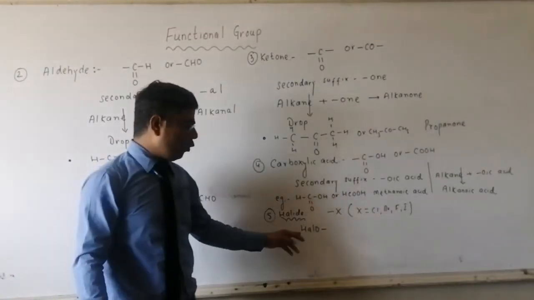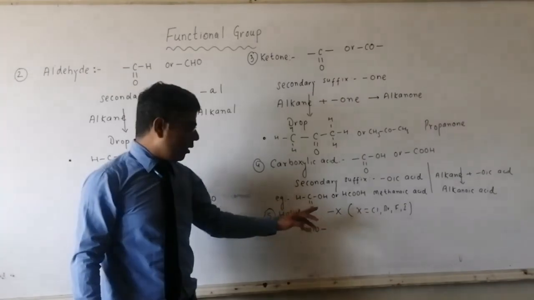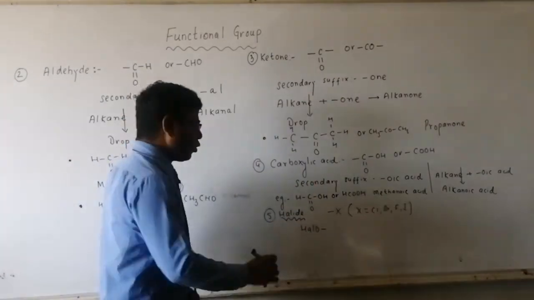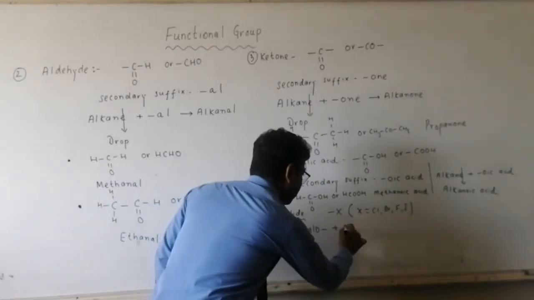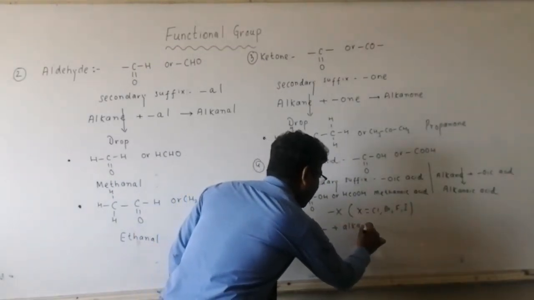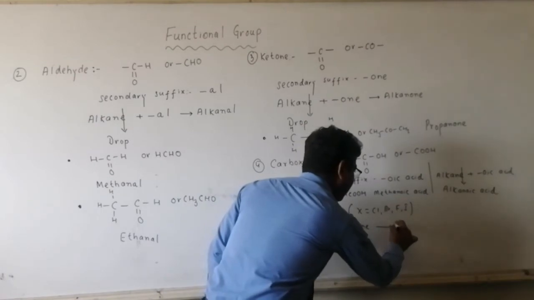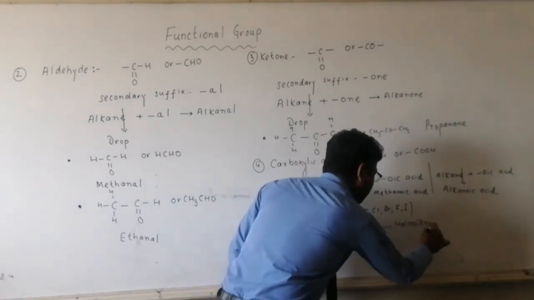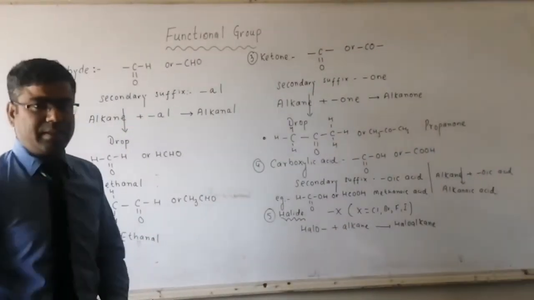For F it will be fluoro, for Cl it will be chloro, for Br it will be bromo, and for I it will be iodo. So halo is added to alkane. So what we will get? We will get haloalkane as the IUPAC nomenclature of halides.